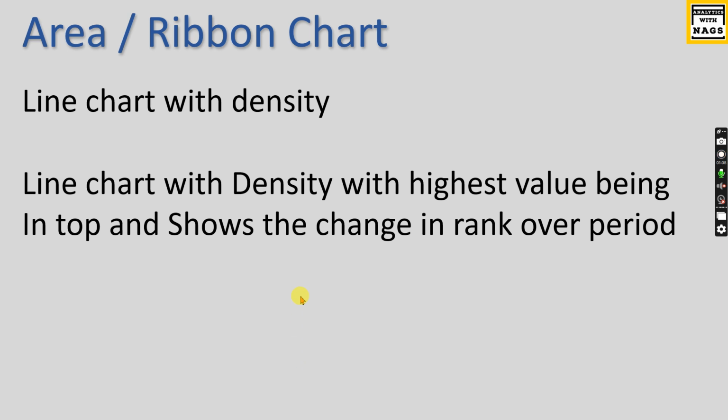For a particular month, category A will have the highest value that will be shown at the top, but in the next month category B will be the top and A will be the second one, right? So these kinds of changes you can visually see. This is the purpose of the ribbon chart. I will show it in a demo so that you will understand it better.